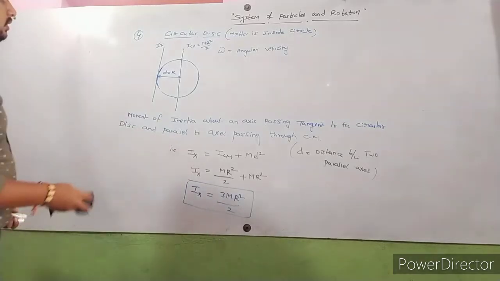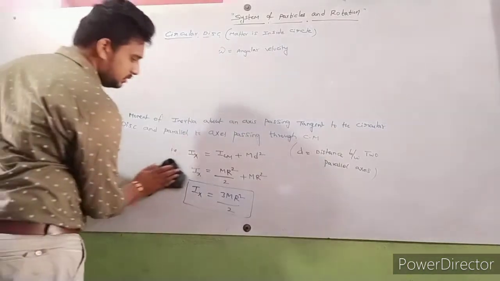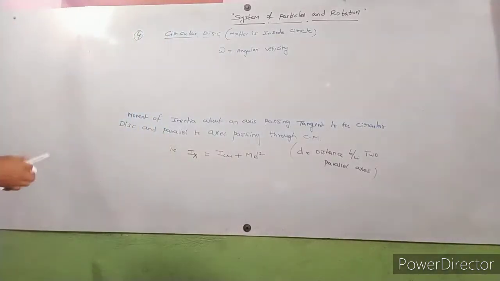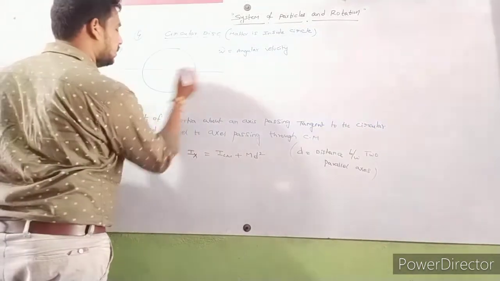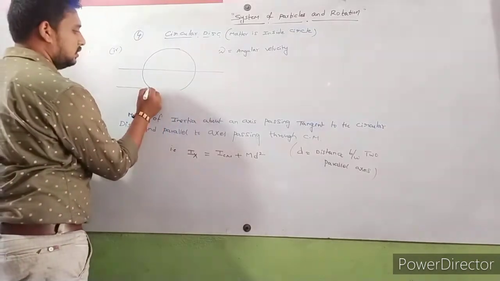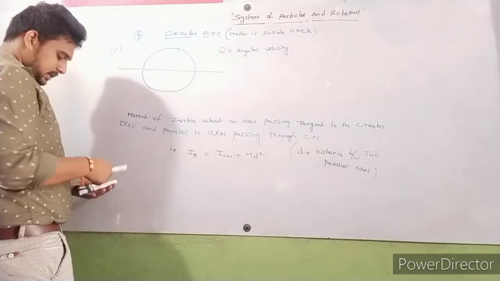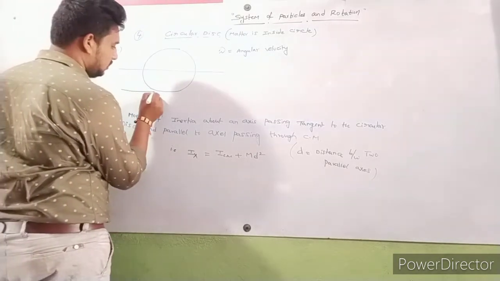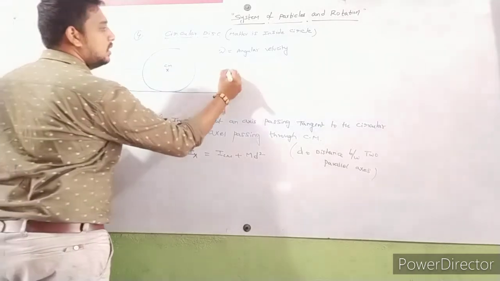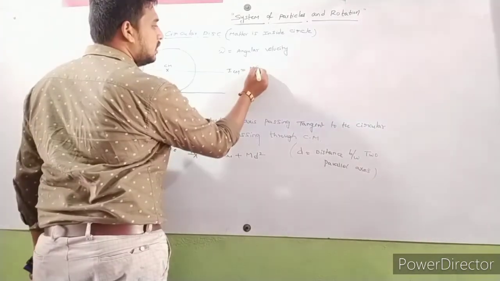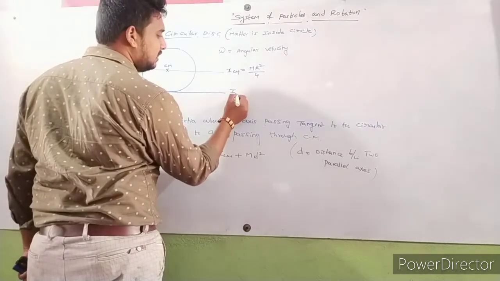Case 4. ICM is equal to mr square by 4. Then this we consider as some Ix or Iy, whatever it may be.